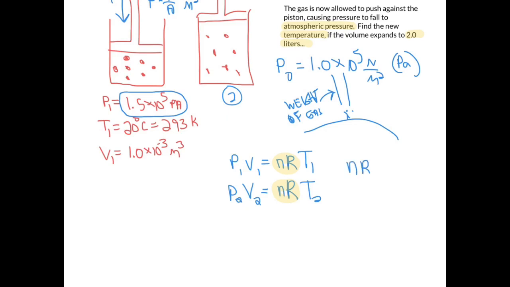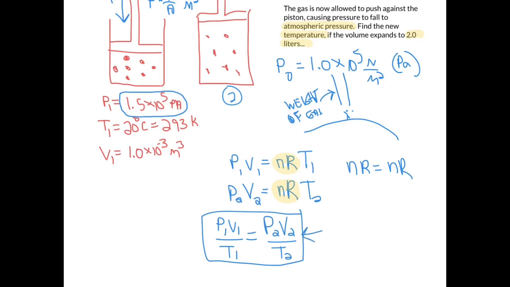So if we set nR for 1 equal to nR for 2, given that they're the same, we end up with P1V1 over T1 equals P2V2 over T2, which is called the ideal gas law.